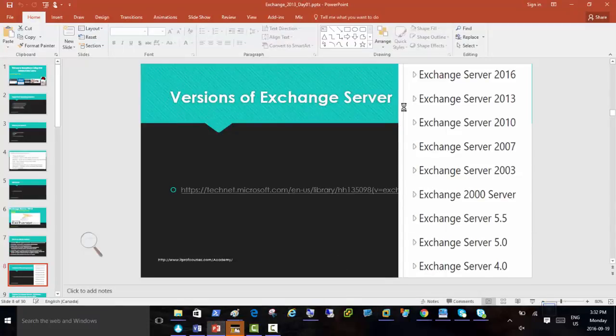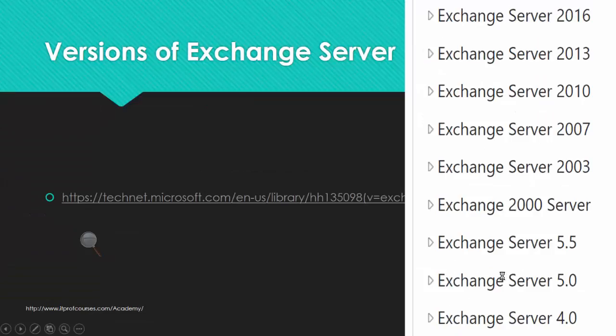Resuming. These are the Exchange Server versions: Exchange Server 4, 5, and 5.5, and then from 2000 to 2016. 2016 is on the market, but large organizations are still waiting for the service pack to be released for that Exchange Server.